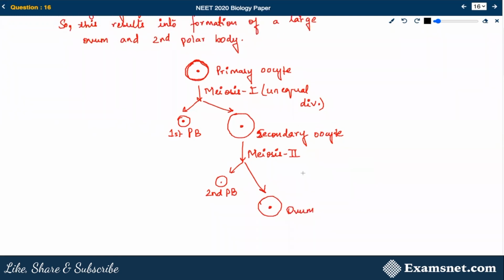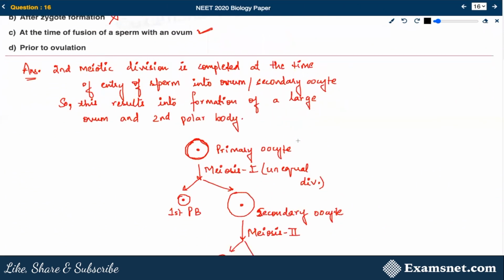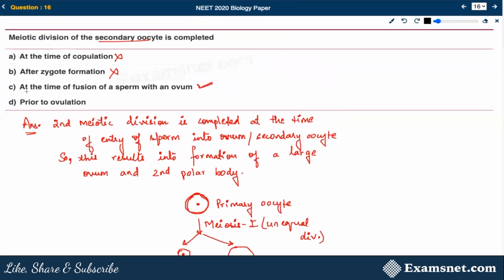So this is how the process takes place. All right. So that's why the answer is at the time of fusion of sperm with an ovum. Prior to ovulation, again, this is also not the correct option. So option C is the correct statement.